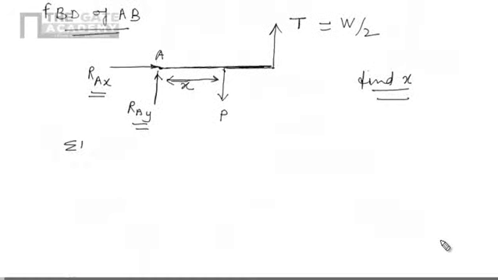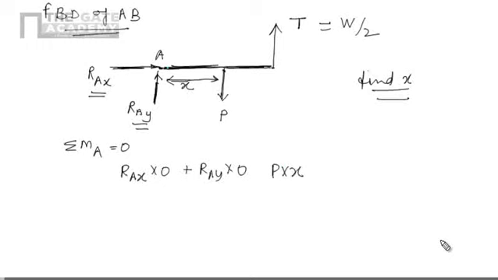Algebraic summation of moments of all the forces about A should be 0. The lines of action of Rax and Ray pass through A, so the perpendicular distance will be 0. So the moment at A due to Rax and due to Ray will be 0. Moment at A due to P: P and this distance, which is x, so P into x.